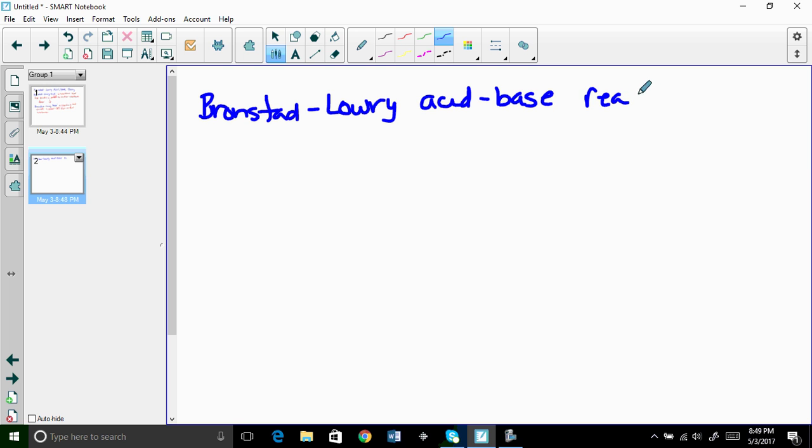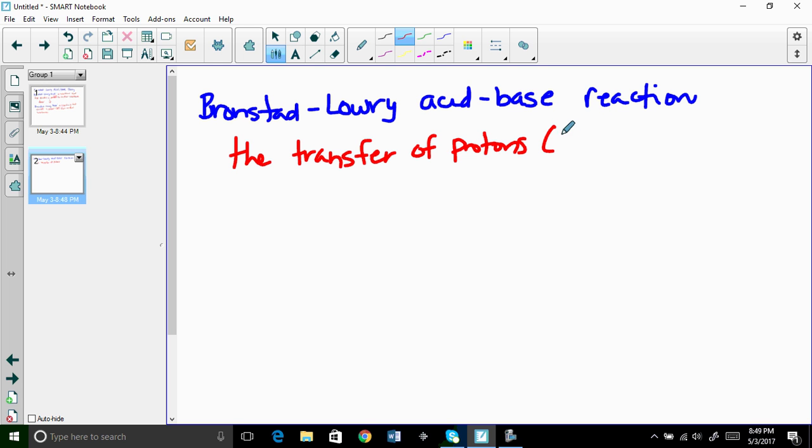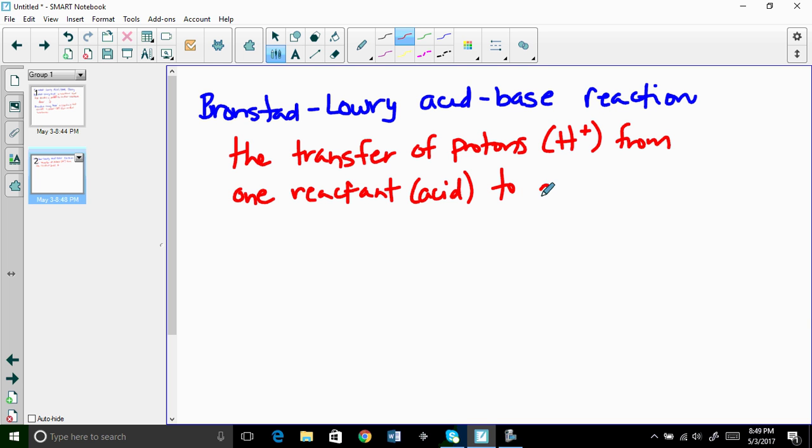So a Bronsted-Lowry acid-base reaction is the transfer of protons, which again is H plus, from one reactant, which is the acid, that transfers its proton to another reactant. And that's called the base.